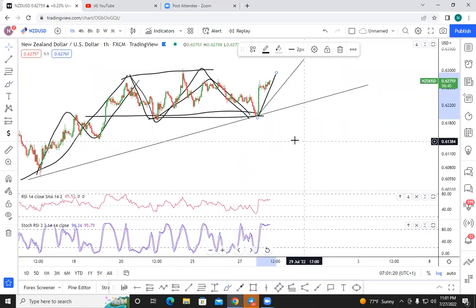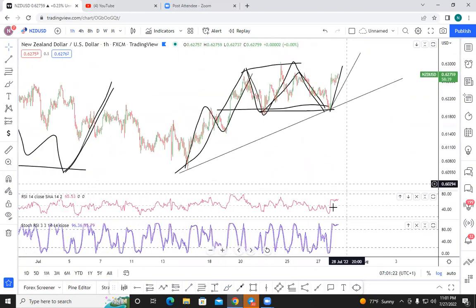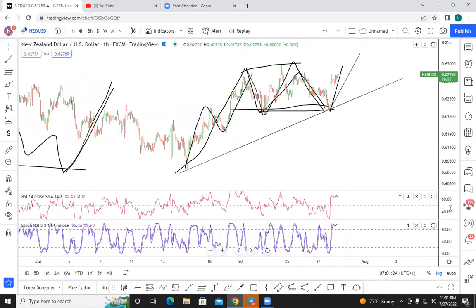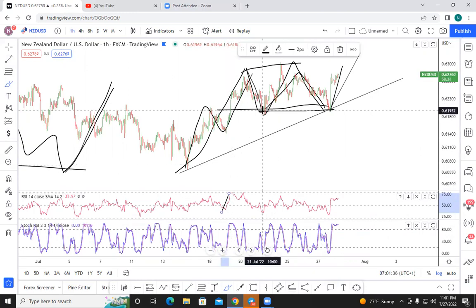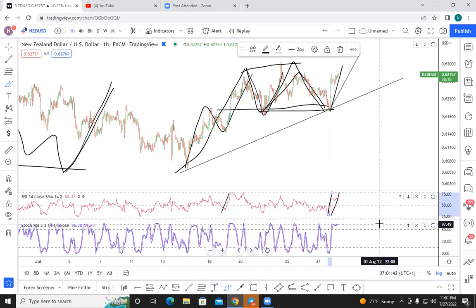How do we know? That's the next thing now. You now come to your RSI. Can you see that there is a resemblance between this fine impulse that we got from this correction and this fine impulse? Can you see that there is a resemblance between the two?